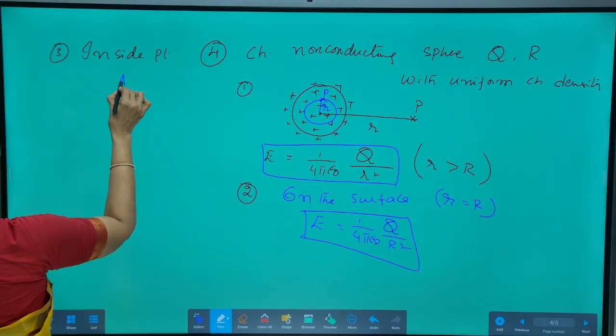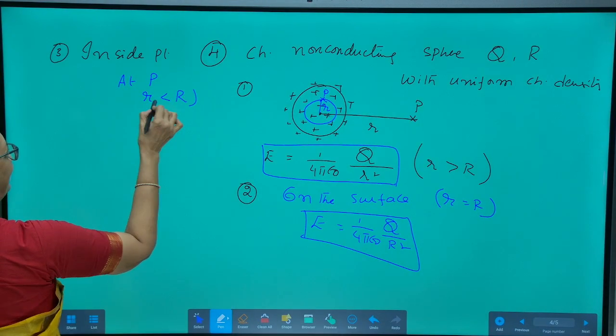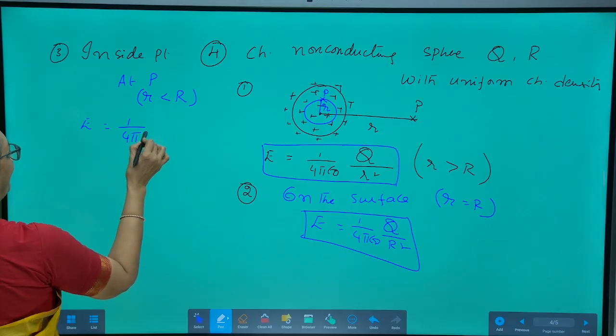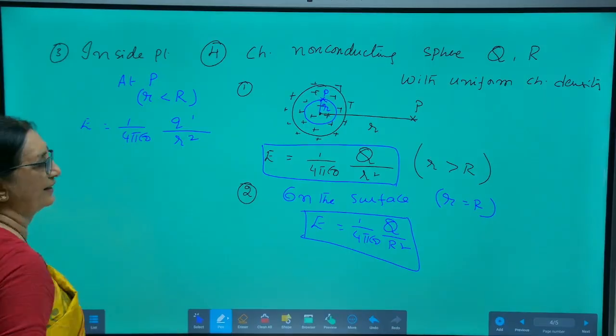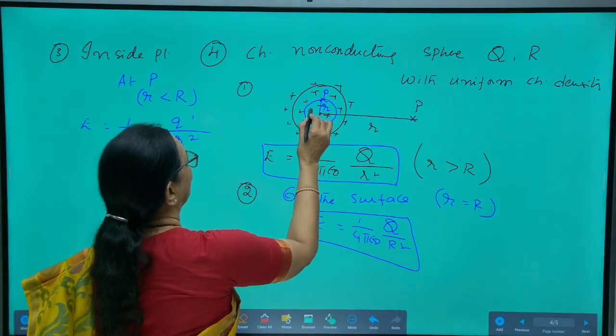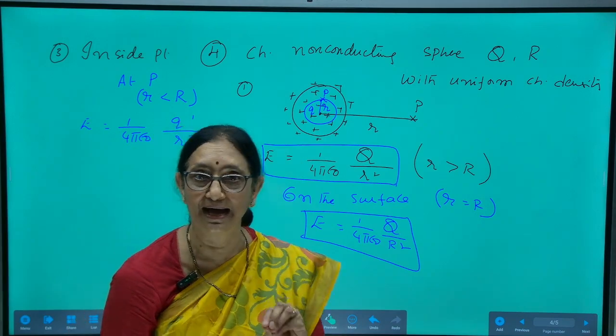So, at P, where r is less than capital R, electric field intensity is 1 by 4 pi epsilon naught Q dash by r square, where Q dash is the charge enclosed inside the sphere of radius r.